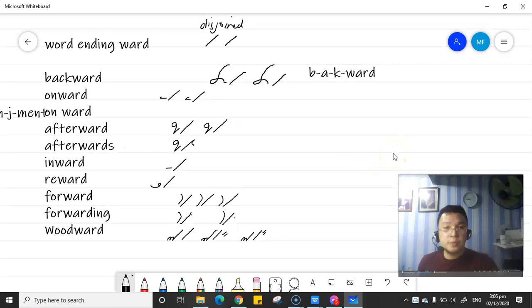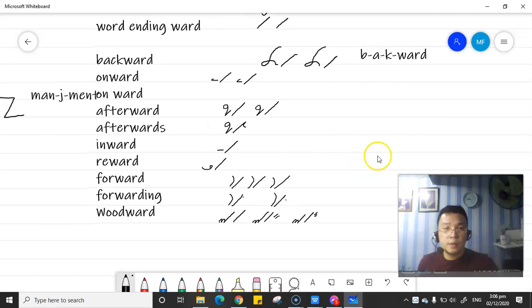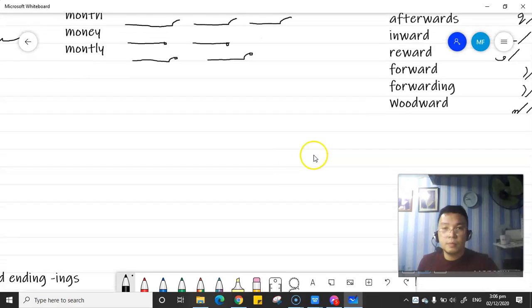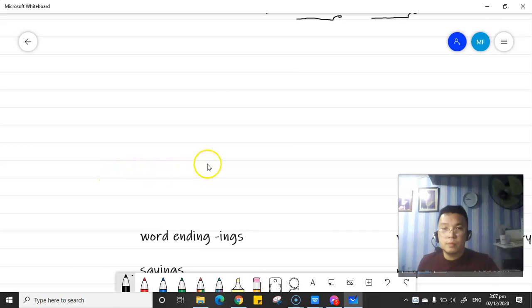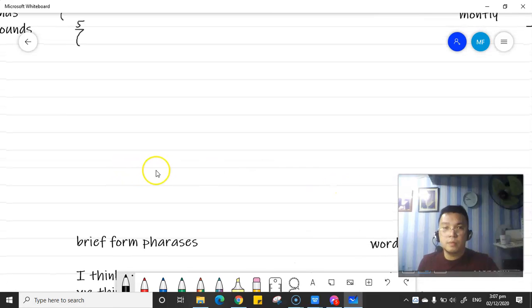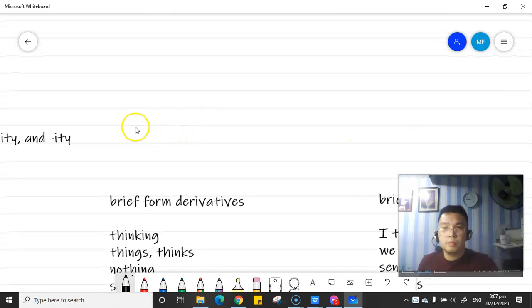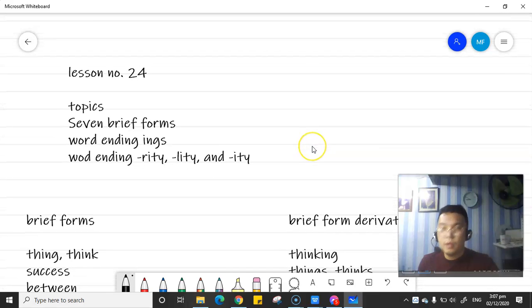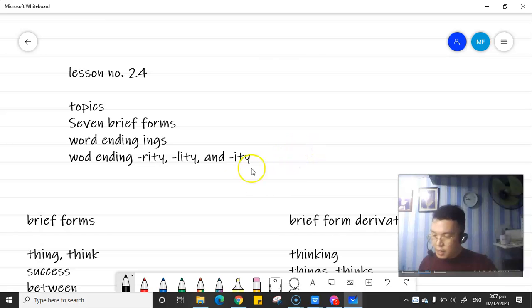Okay. So let's proceed with lesson number 24. In lesson number 24, the topics are another 7 brief forms. We have the word ending ings, which is represented by a disjoined left S, and then the word endings with T, LT, and LTY.